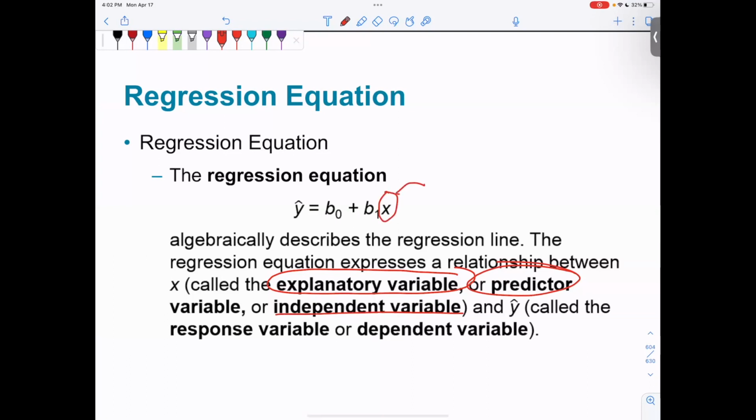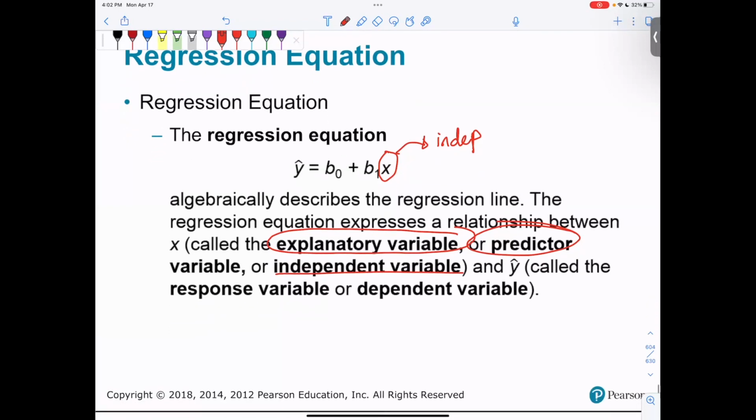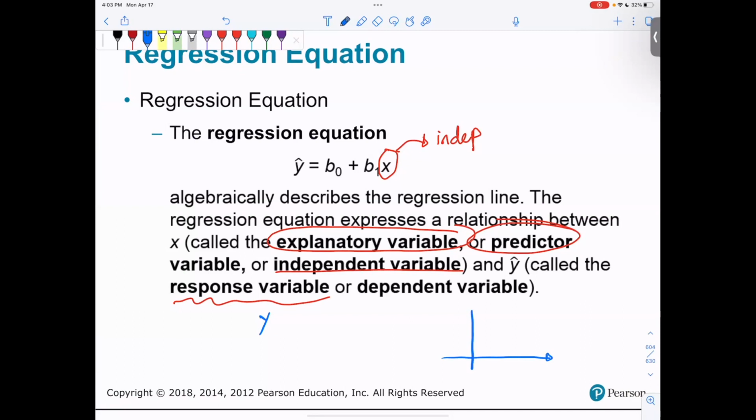And the other variable is the dependent variable, or response variable, which is y. So now we're studying the relationship between two variables, x and y. x will be the predictor and y will be the response variable or the dependent variable.